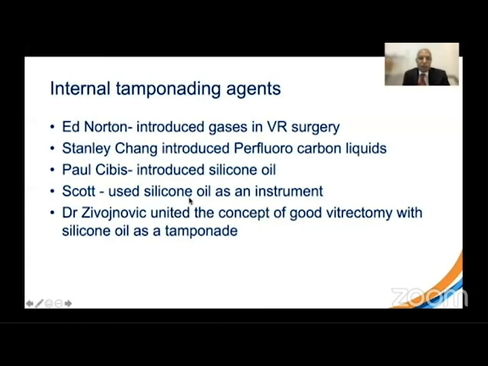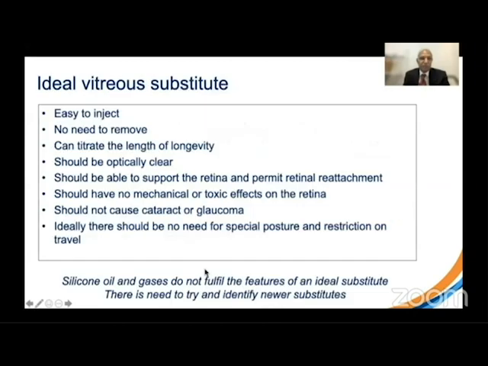John Scott from UK used silicone oil as an instrument, not as a tamponading agent, but it was Jovanovic who combined the virtues of vitrectomy and silicone oil by doing vitrectomy with silicone oil being used only as a tamponading agent. Even currently, we use this combination for many complex detachments of retina.